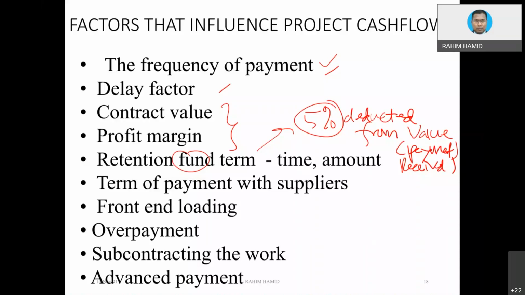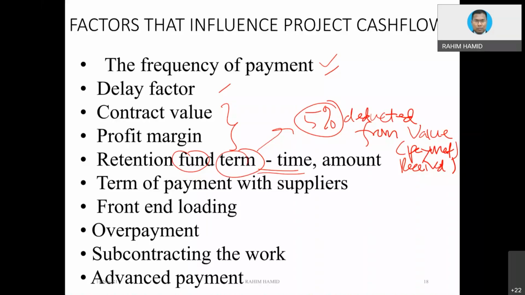The client doesn't need as much money as 5% of the contract value, which is quite big. Even if they need it for repair, it is not going to be that much anyway. So it depends on the term. We really need to look at the terms and conditions of the contract.